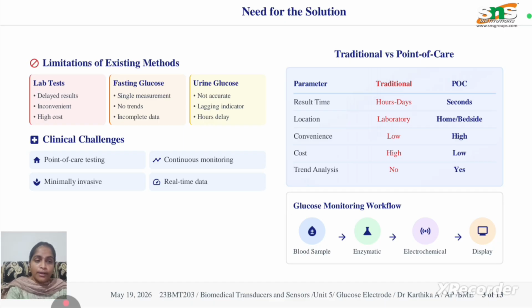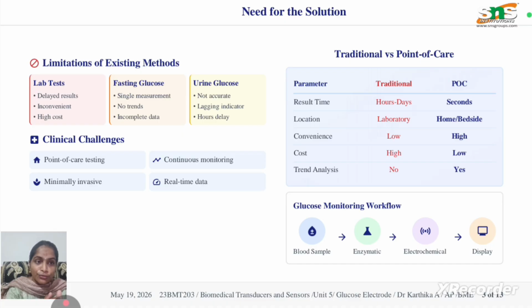Convenience is low, cost is high, and trend analysis is no. Point of care is measured in seconds, and we can analyze at our home or bedside. High convenience, low cost, and trend analysis is yes.